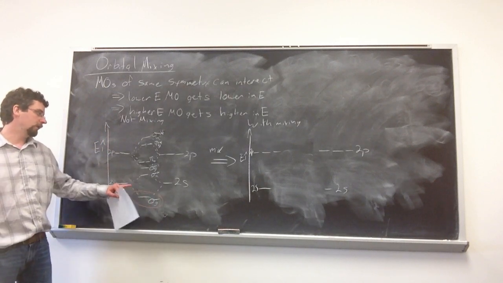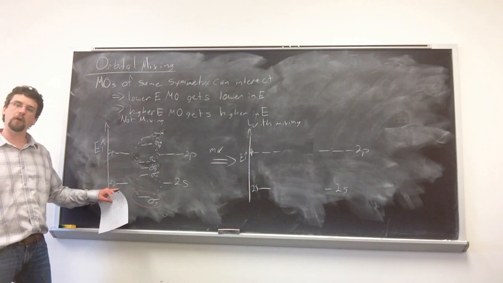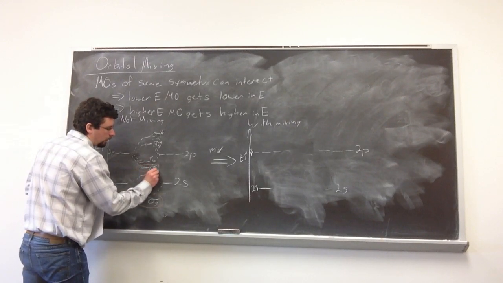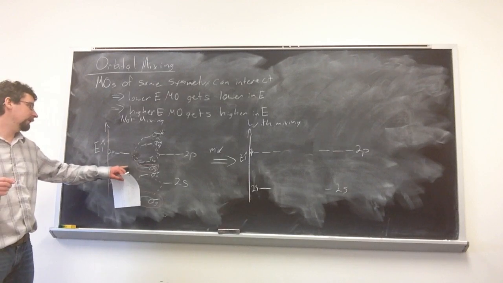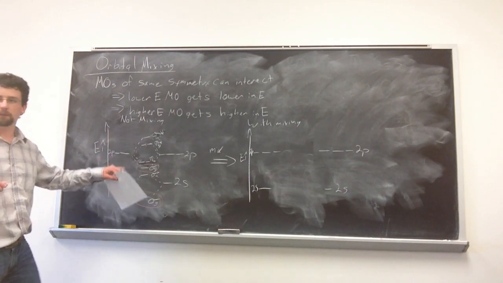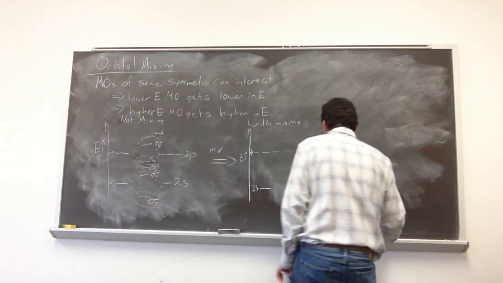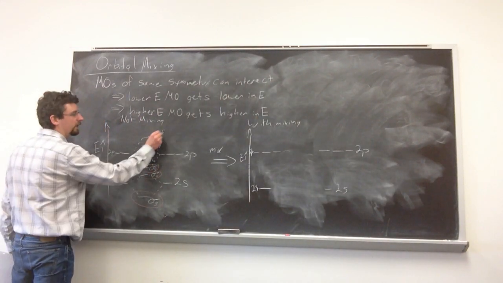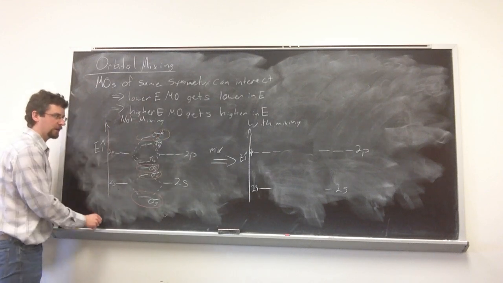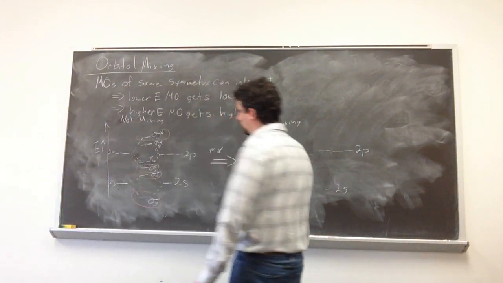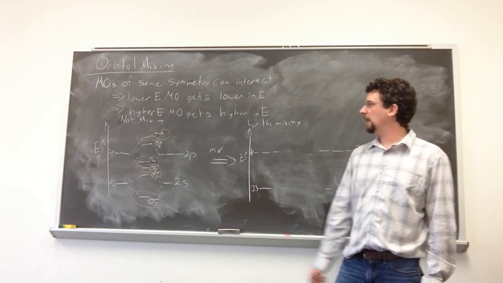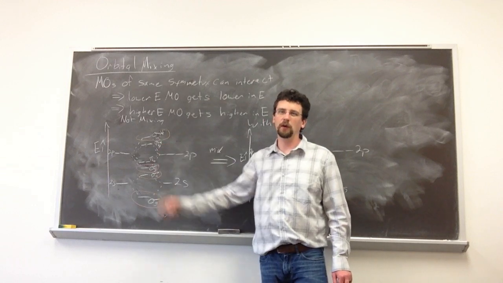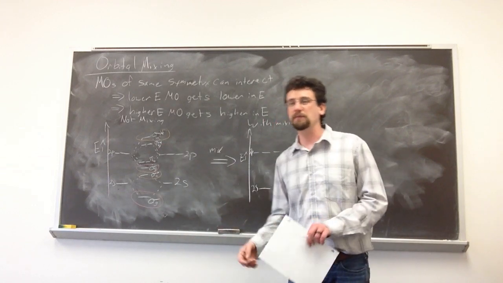That sigma g orbital that's resulting from the overlap of these two s orbitals is going to interact with the sigma g orbital that results from the two p's. This sigma u star is going to interact with the sigma u star that results from the interaction of the two p orbitals. And these pi orbitals are left alone because there's no other orbitals in this system for them to mix with.